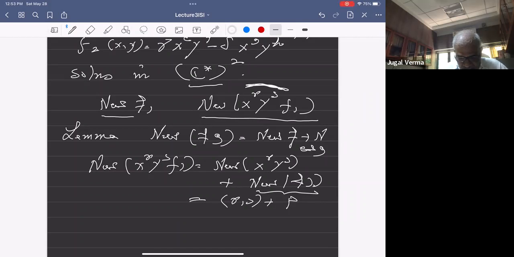Therefore, I take a monomial whose exponent vector is high enough, a high positive number, and multiply that with F1 and F2. Then I can assume that my binomials are of this type: X^A Y^B minus alpha, and the second binomial is X^C Y^D minus beta.